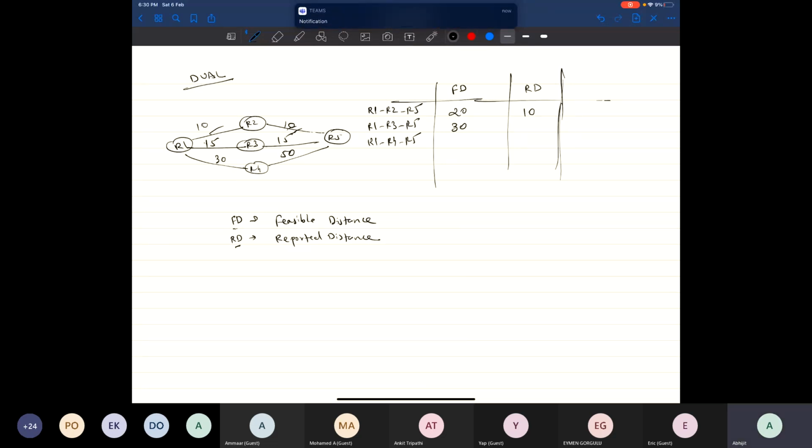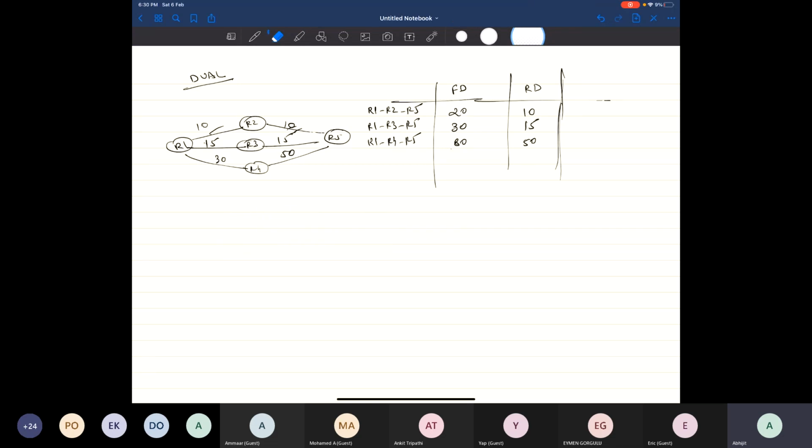Okay. And the RD is going to be 15 itself. And then for the third route, it's going to be 30 plus 50, which is 80. And then the RD is going to be 50 itself. Make sense? This is how FD and RD can be figured out.